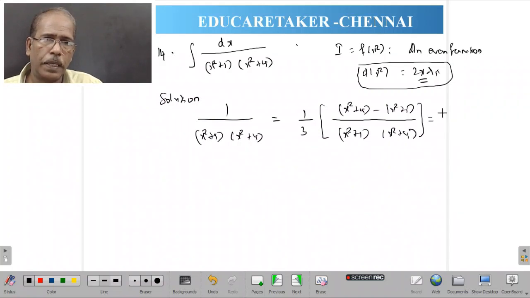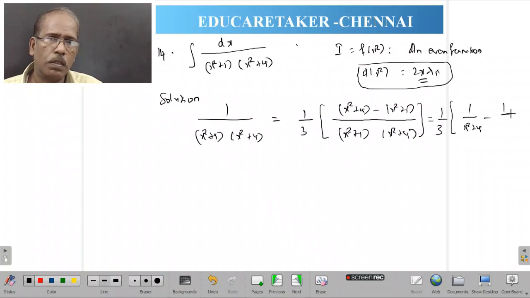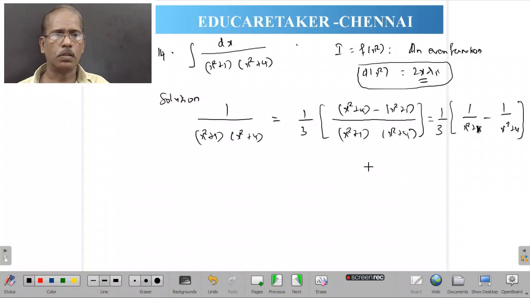Now we can separate as 1 by 3, the first fraction 1 by x square plus 1, the second one 1 by x square plus 4. Okay, so the separation by the difference method is done.